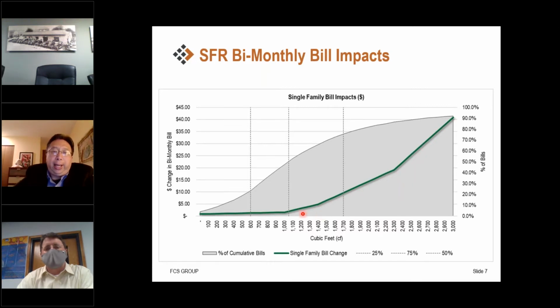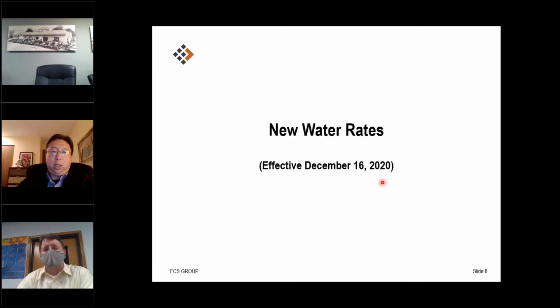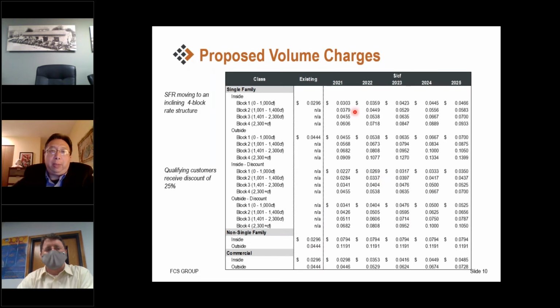And again, as someone uses more water, they get pushed into a higher and higher block. So the charge for water in block number 4 is more expensive than the previous 3. For the very first block, we try to make that as affordable as possible.